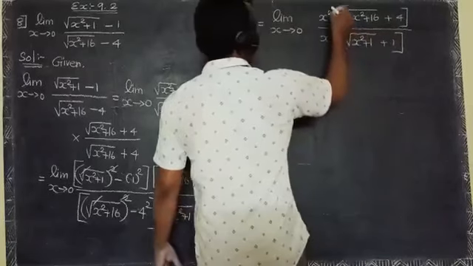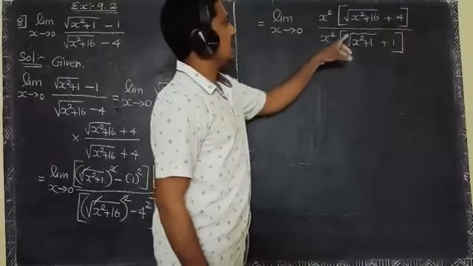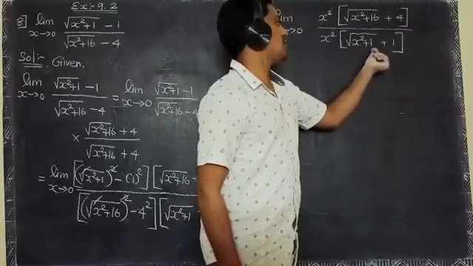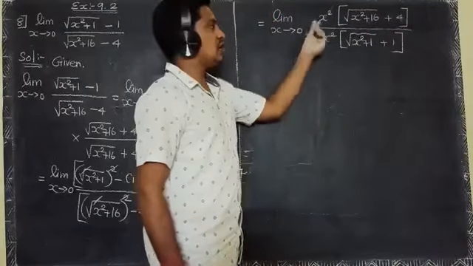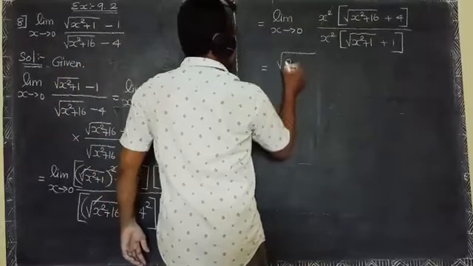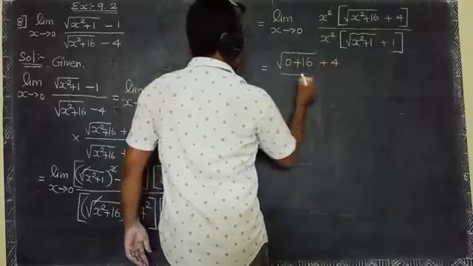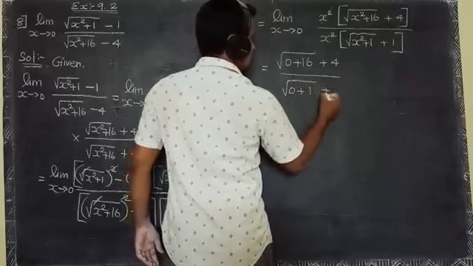Here the factor x² is cancelled. The remaining is square root of x² + 16 plus 4, divided by square root of x² + 1 plus 1. Replace x equal to 0 into the function, that is square root of 0 + 16 plus 4, divided by square root of 0 + 1 plus 1.